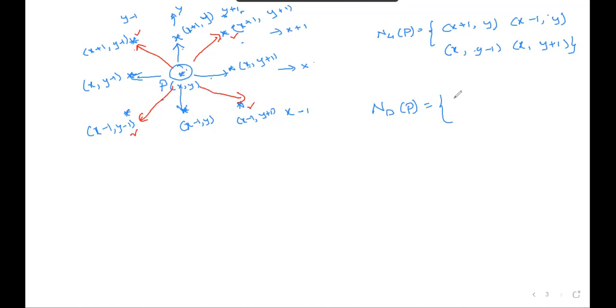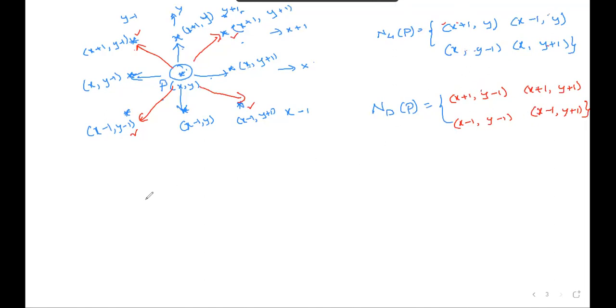I represent them like this: X plus 1 comma Y minus 1, X plus 1 comma Y plus 1, next, X minus 1 comma Y minus 1, X minus 1 comma Y plus 1. So these are the pixel positions.